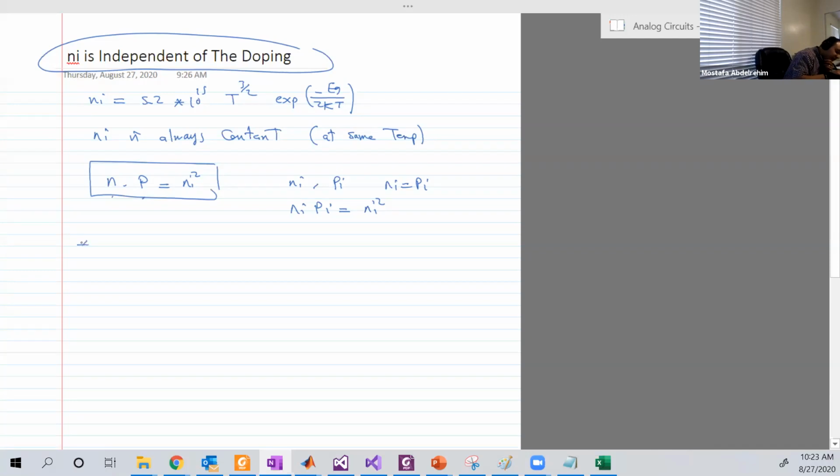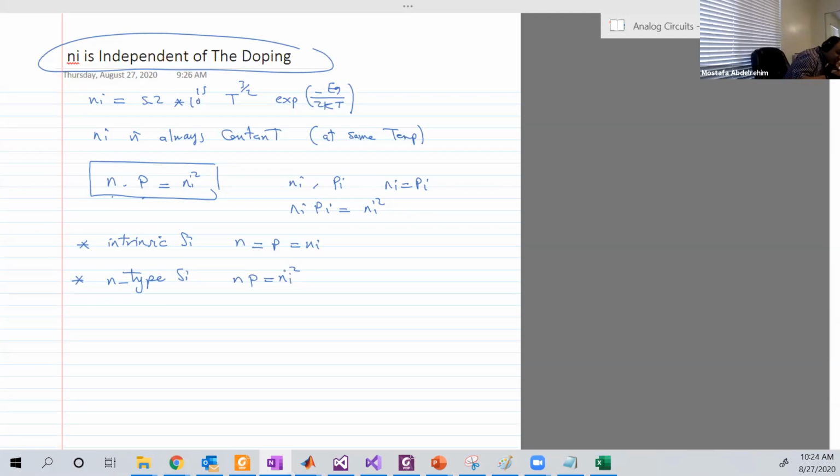In intrinsic silicon, N equals P equals Ni. This is very intuitive. In extrinsic N-type silicon, still N multiplied by P equals Ni squared. This has a proof, okay? It's not our topic now, but we can imagine it.